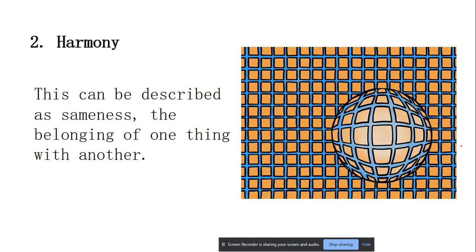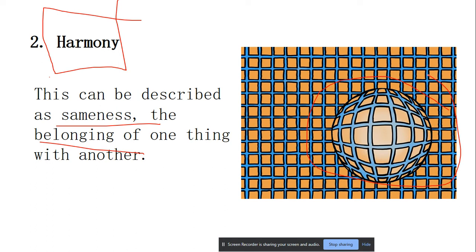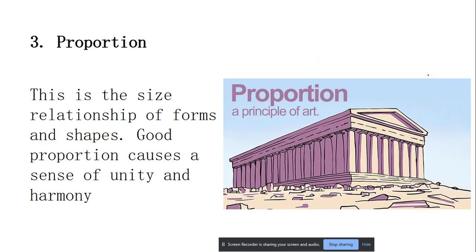Likewise, this can be described as sameness, the belonging of one thing with another. That's why it's harmony, because it talks about something, sameness, belongingness with one another, just like this one. Okay. We also have proportion.